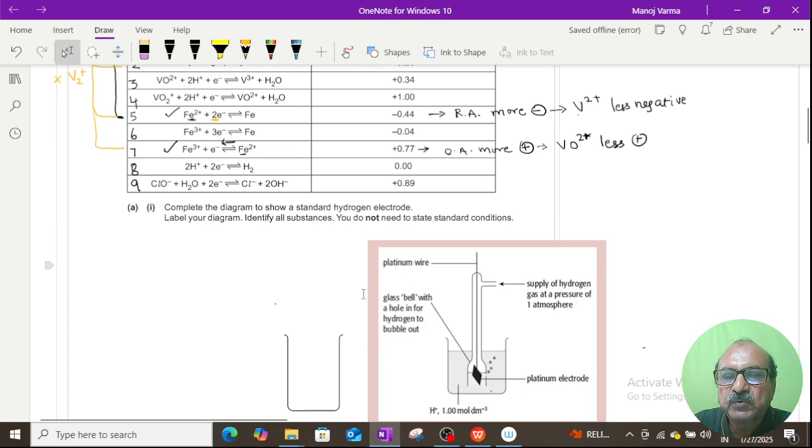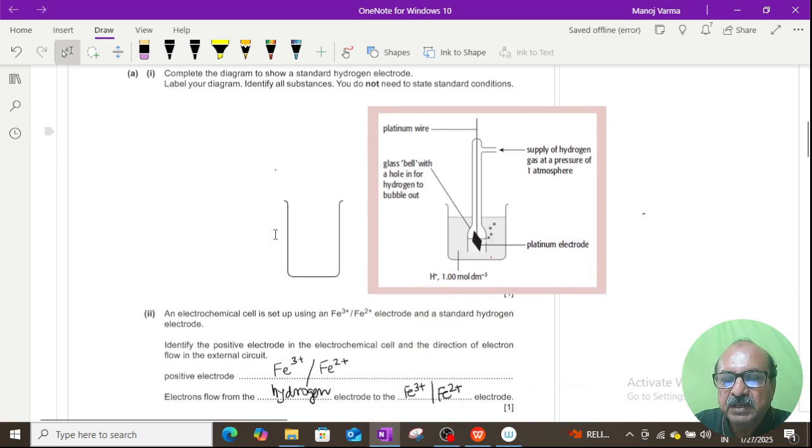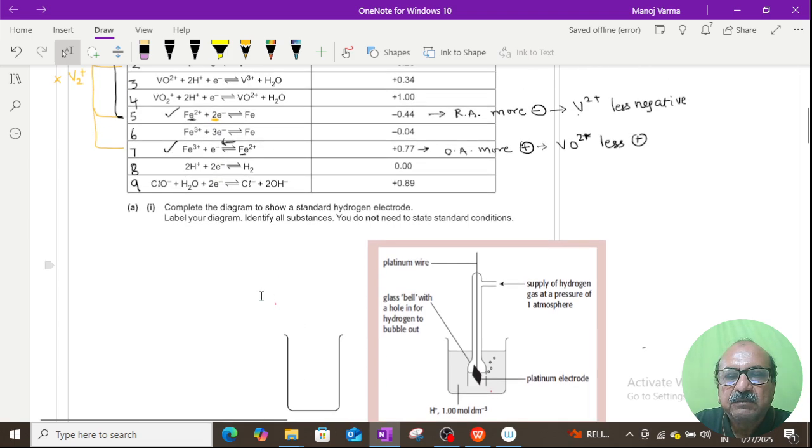If you see, the two electrodes are one is the Fe3+/Fe2+, which is this one, the seventh one, and the hydrogen electrode, that is the eighth one.